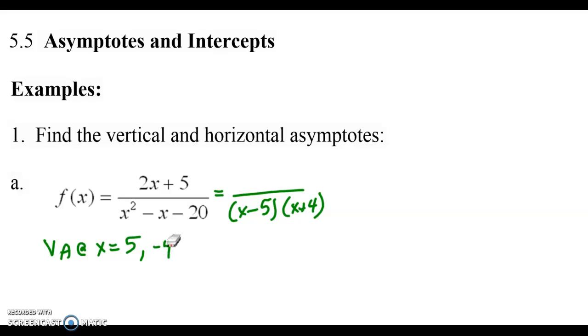We get that, and we know the vertical asymptotes happen at x is equal to 5 and x is equal to -4. Horizontal asymptotes, we know to look at the degree of the numerator and the denominator. The numerator has degree 1, and the denominator has degree 2.